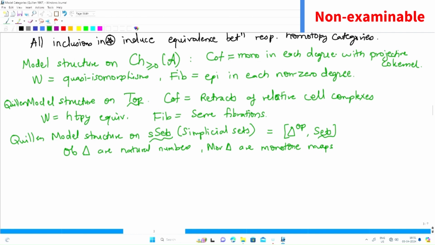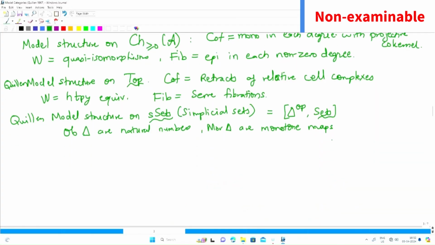In fact, the category of simplicial sets is called the combinatorial model of topological spaces. A functor from Delta op to sets gives, for each natural number, a set, and then there are some maps between those sets. So it's a family of sets X0, X1, X2, and so on, indexed by natural numbers, together with certain maps between them.